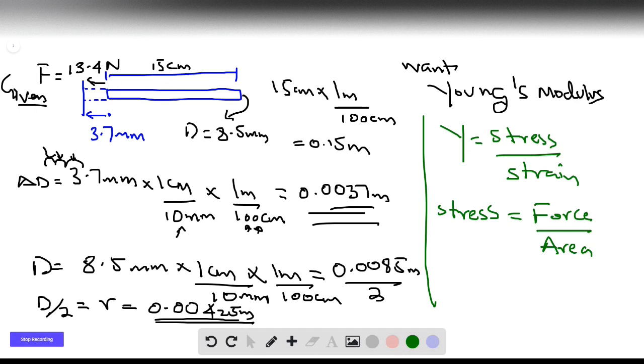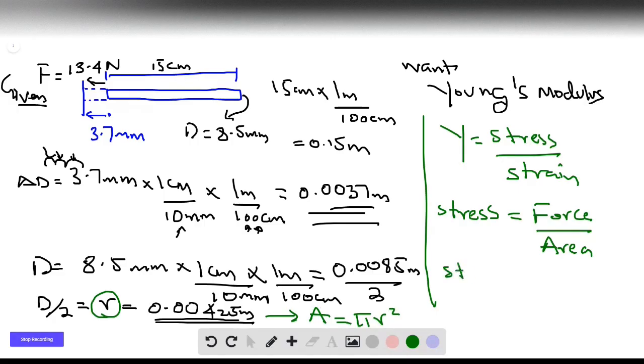Remember, if we're going to have to find the area, the radius comes into play. Area is pi r squared, as you can recall. The other unit, the strain, we define as the change in length, we call that delta D, over the original length, and we call that D.